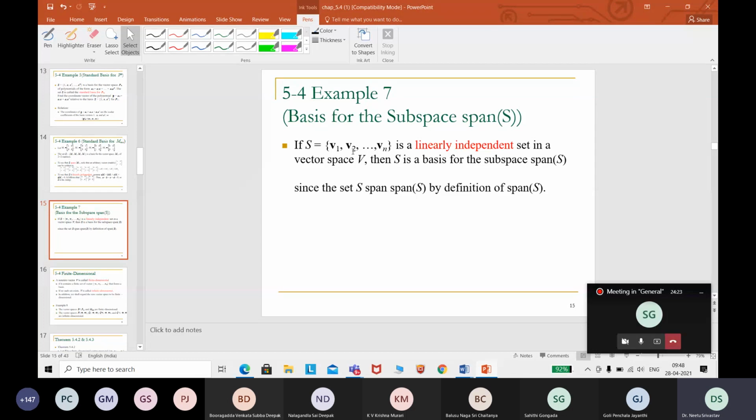So what will be the span of S? In the span of S, every linear combination of V1 to Vn will lie. So if this is a set, then this will be the basis for span S. That is what the result says. Which type of element will be there in the span S? All linear combinations.